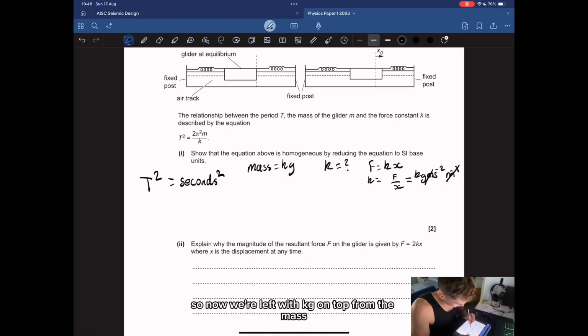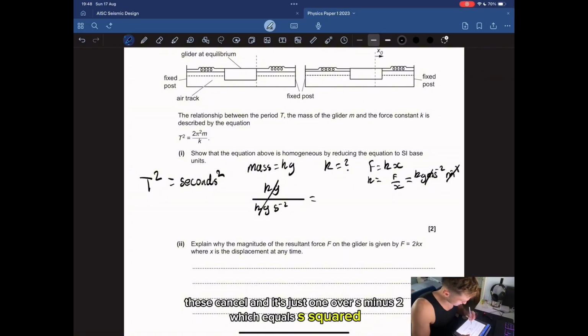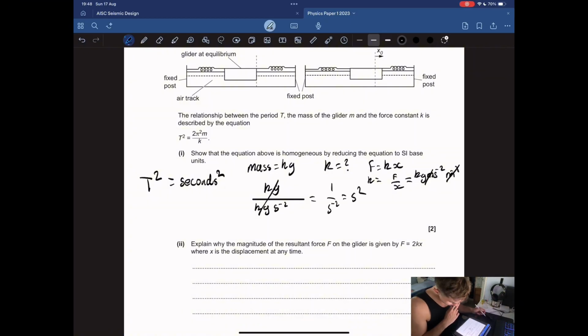So now we're left with kg on top from the mass, and k is kg s^-2 over kg, which is just 1 over s^-2, which equals s squared. So yeah, that's the same as t squared.